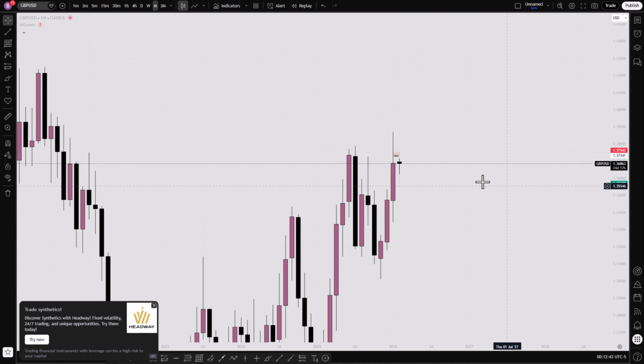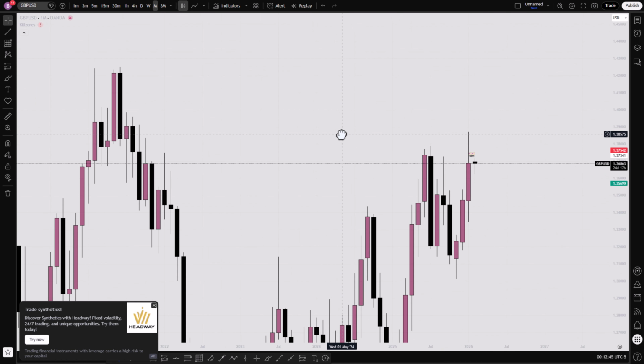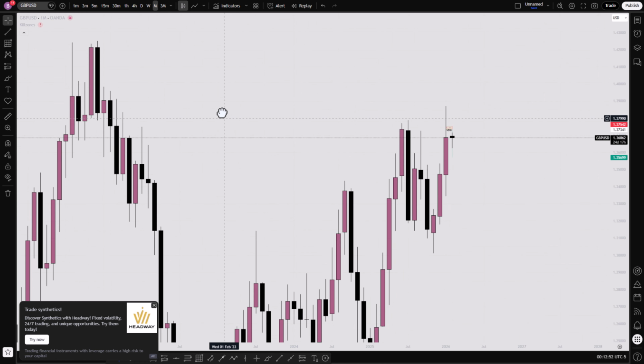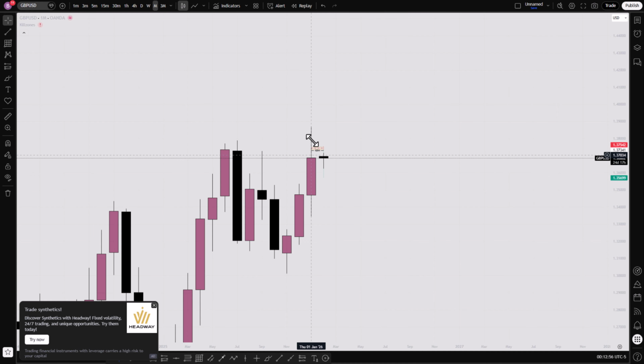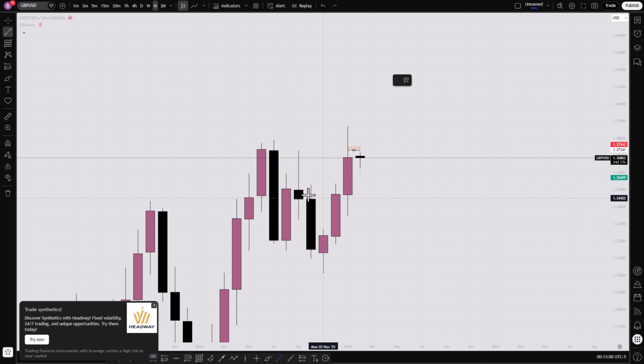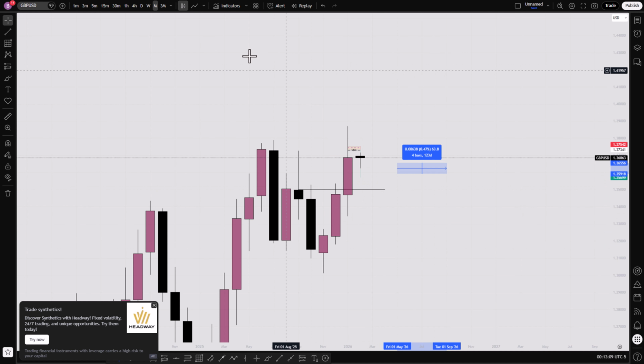We have taken liquidity here, and we see that we're reacting off this block here. So we want to see price coming into the range. Most importantly, finding support at this level, which is these consecutive down close candles, before price goes bullish on the monthly.